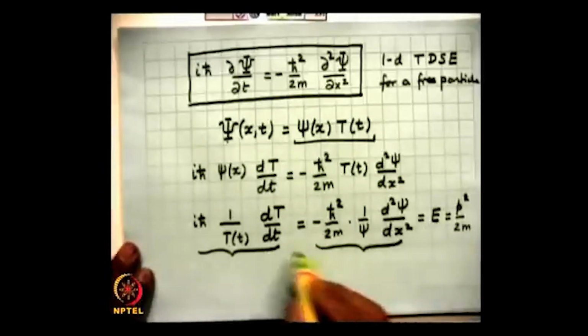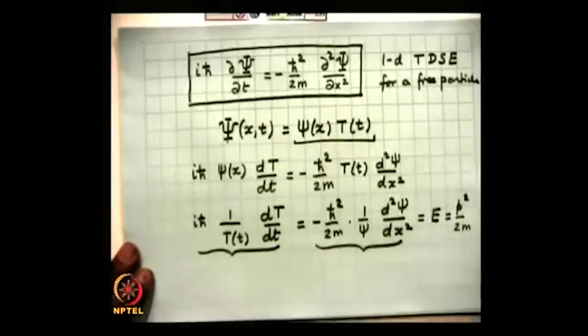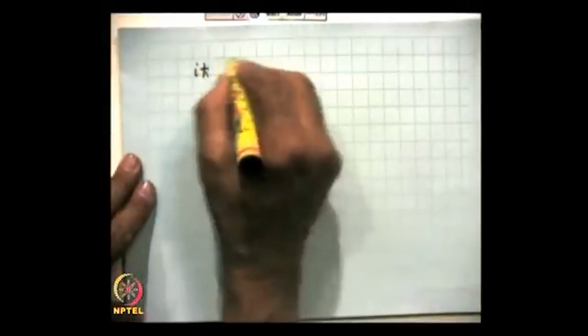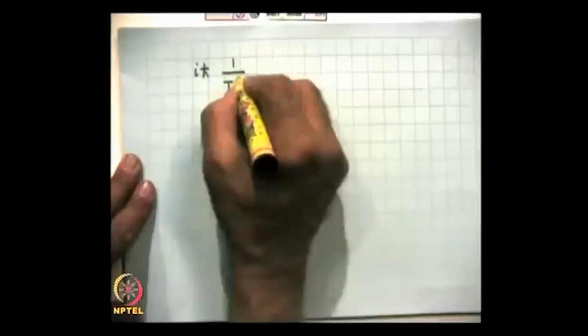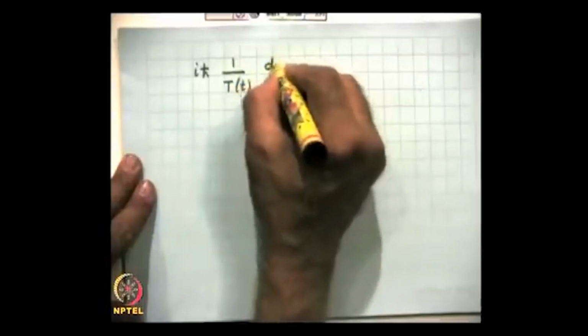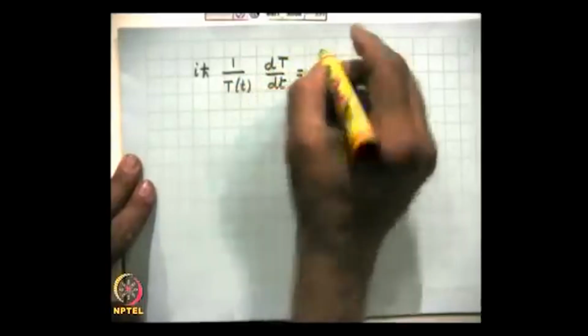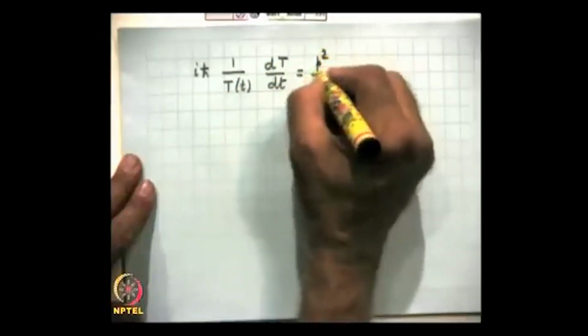I solve each part. So, let me first solve the time dependent part. The time dependent part is i h cross 1 over T of t dT over dt is equal to p square by 2m.